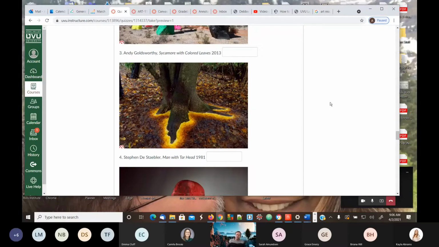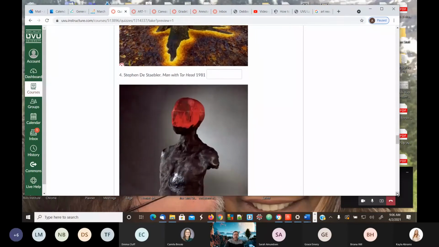Anyone? He moved the leaves themselves, so would this be applied? Yeah, exactly right. Instead of using pigment, he used the color of the leaves themselves. So this is applied. Very good.